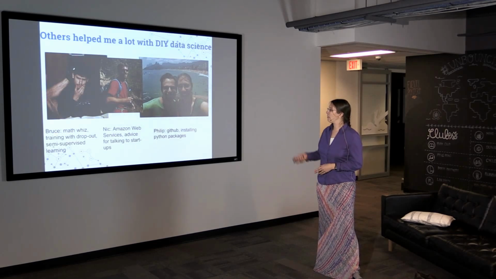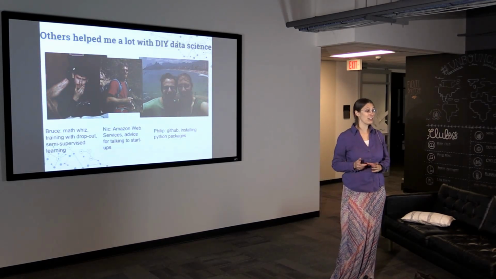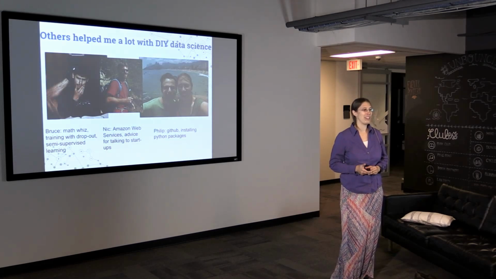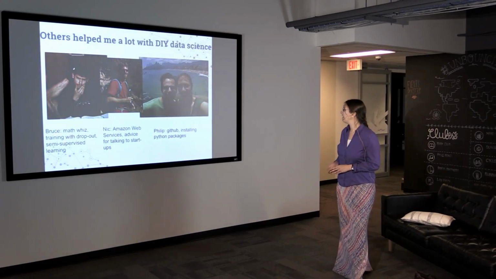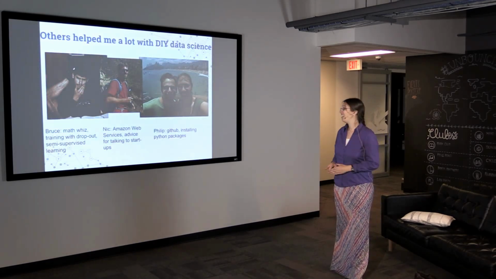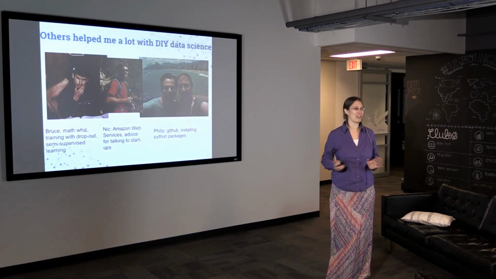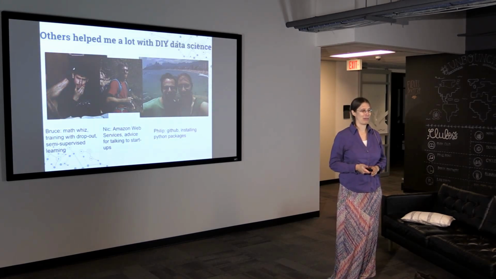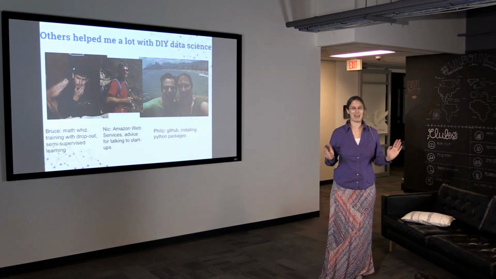My friend Nick worked at a startup and had lots of advice for talking to startups, and thanks to his astronomy PhD, he knew how to use Amazon Web Services, so he tutored me in that. And then Philip, who I live with, taught me how to use GitHub and resolved much of my frustration involving installing Python packages, which is still the thing I hate most about programming.